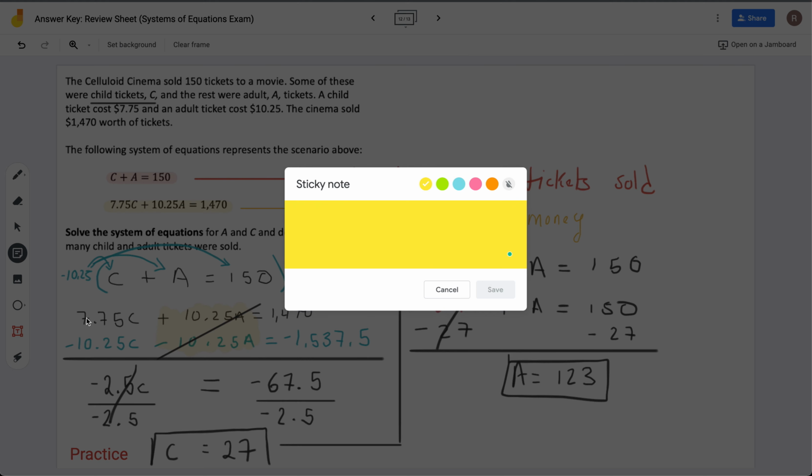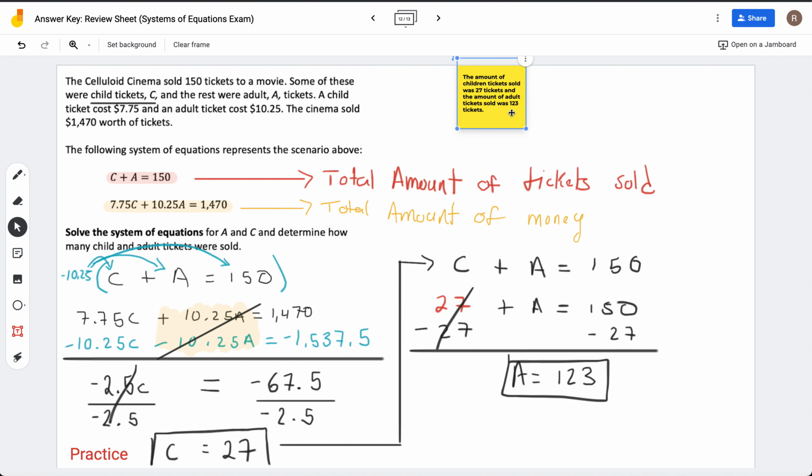So the amount of child tickets sold was 27 tickets, and the amount of adult tickets sold was 123 tickets. And that's it. That's your full credit.